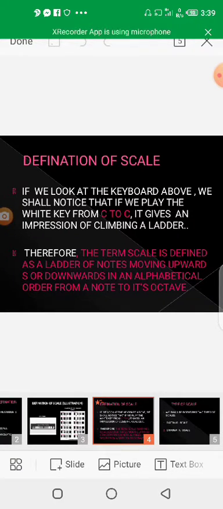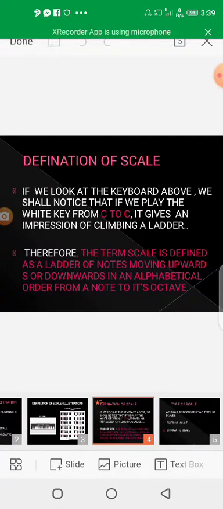So, in the simple term, it just tells us that a scale is defined as a ladder of notes moving upwards or downwards in an alphabetical order from a note to its octave. Remember, we talked about moving from C to the next C, the eighth note, which is the next C. So I believe you understand what is a scale.